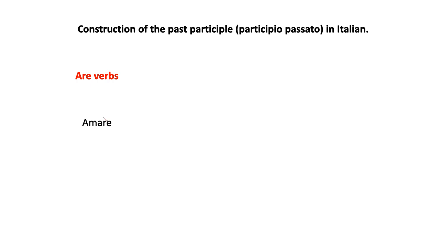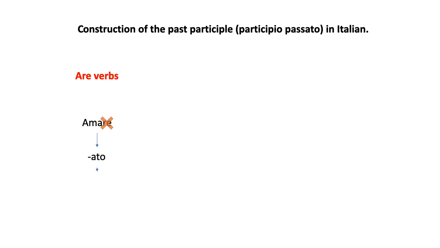We do the same thing. We get rid of the last three letters. But then what we do is we add ato, okay? For are verbs only. We get rid of the last three letters of the infinitive and then we add ato. And that gives us the past participle.